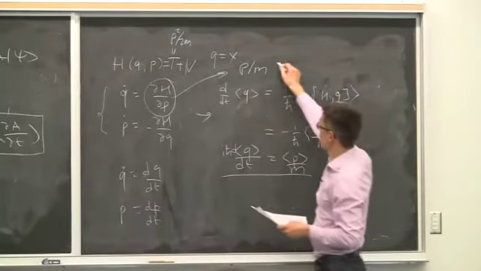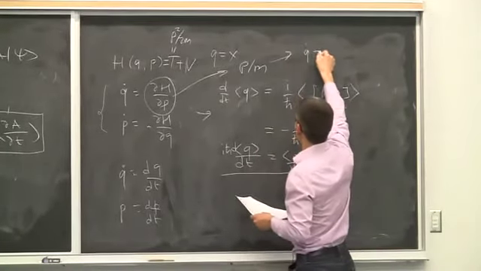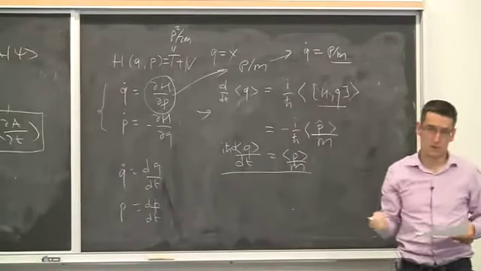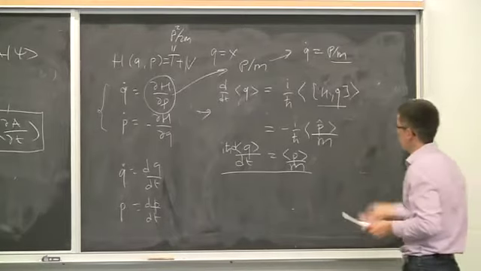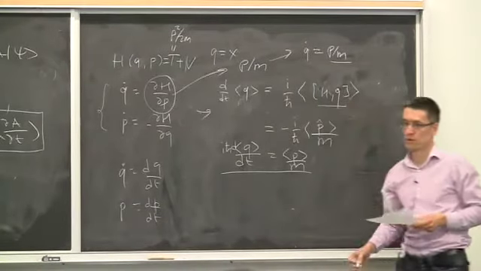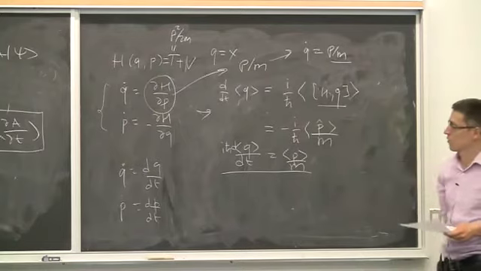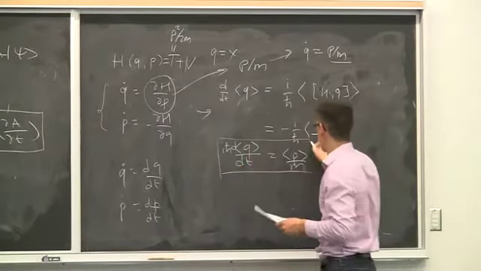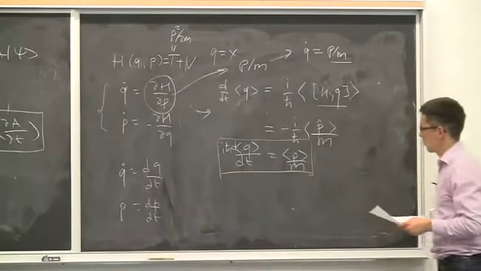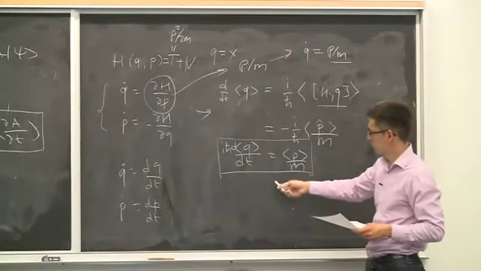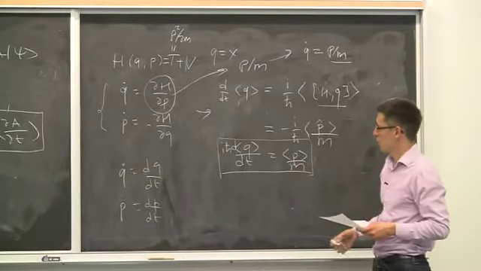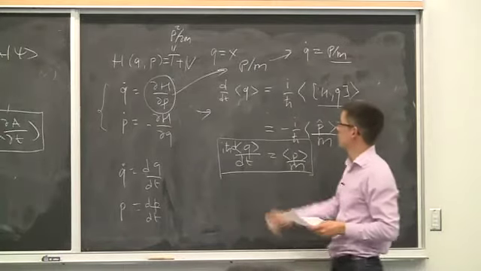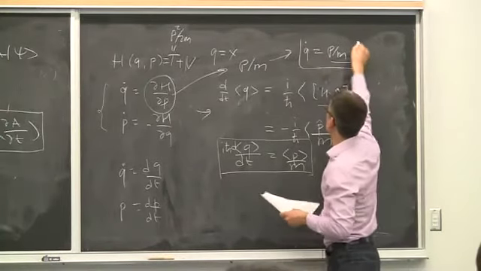So the classical analog would be q dot equals p divided by m. P divided by m is velocity, for simple systems where the kinetic energy is just p squared divided by 2m. And so the quantum analog is very similar. Here we need to operate not just with q and p, which are operators, but with their averages. So this is very simple and nice.